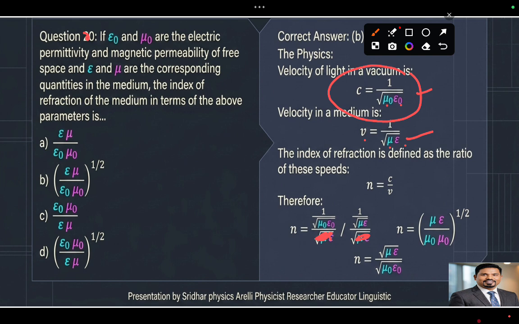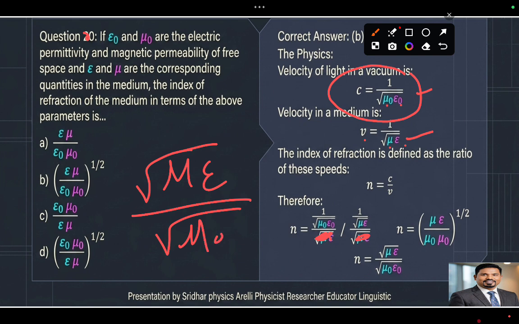what will we get? We will get under root of mu epsilon by under root of mu naught epsilon naught. So this is the relation.